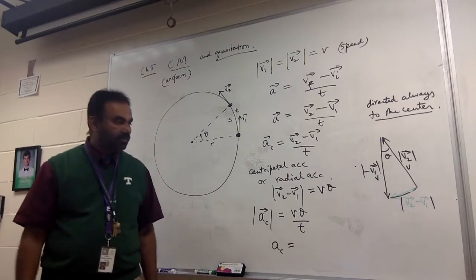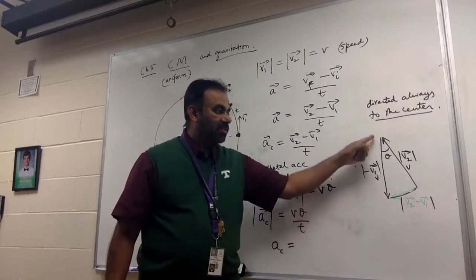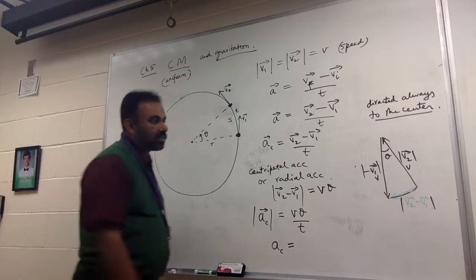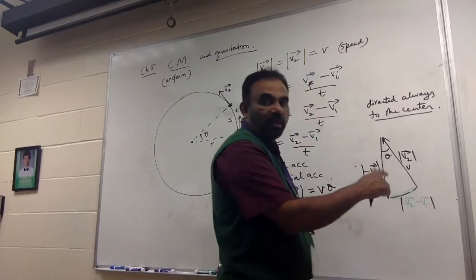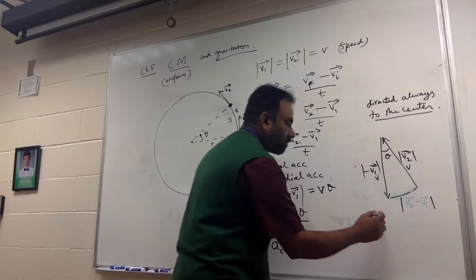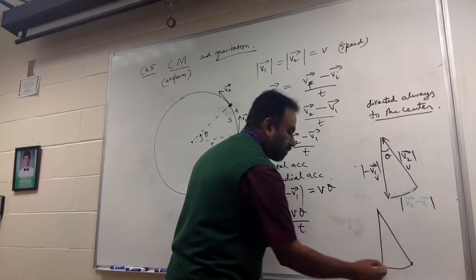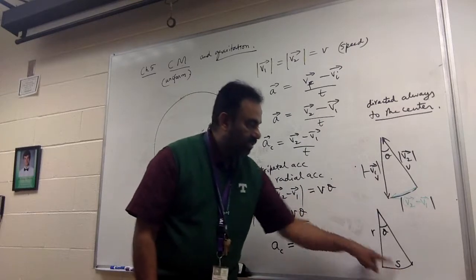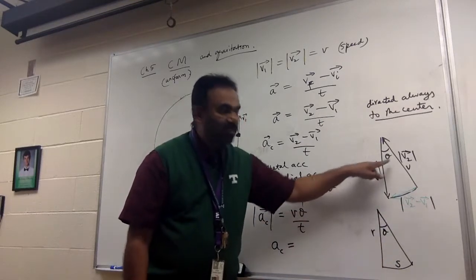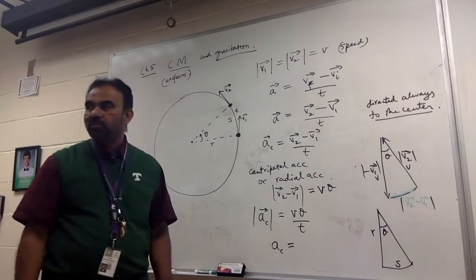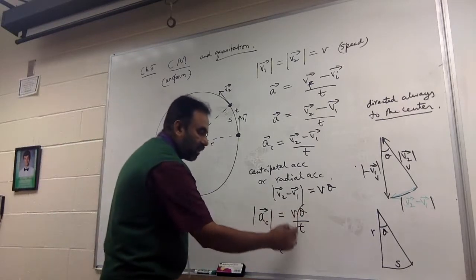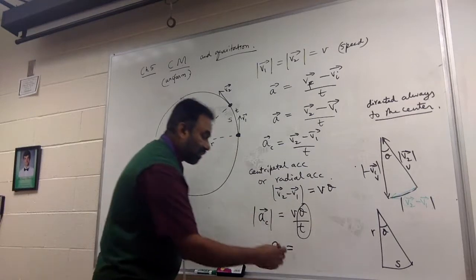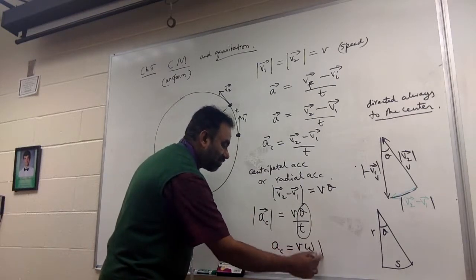Why is it V theta? V is like the radius, and the angle is here. Because imagine this one is similar to this. S is equal to r theta, so this is equal to V theta. Okay? Now, what is theta over T? Omega, not W. So V omega.